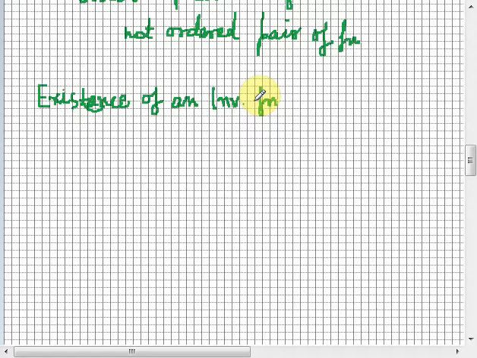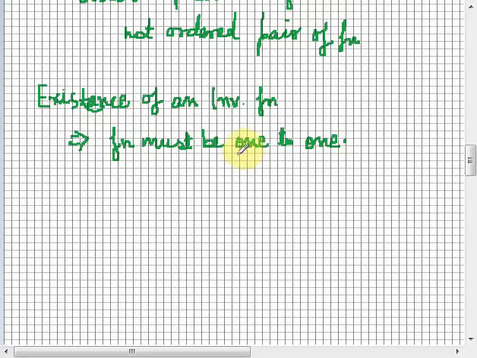To have an inverse, there should be a property called one-to-one. That is, the function must be one-to-one.